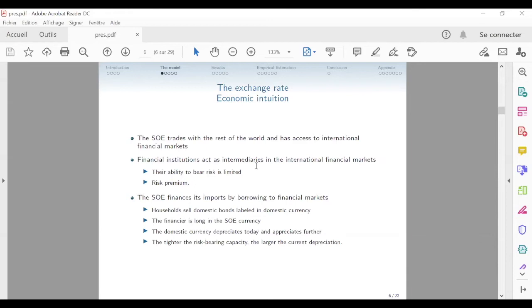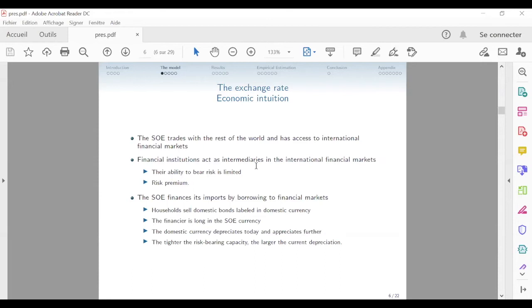One really important point here is that these financiers have a limited ability to bear risk. From this limited ability to bear risk, financiers require a premium: when they hold a risky currency, they need to be remunerated for holding it. And this comes from this risk-bearing capacity.